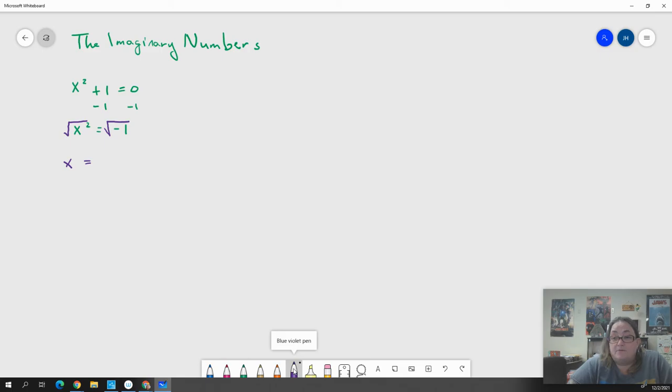Anybody know what the square root of negative 1 equals? It's a good guess, right? But the square root of something says that if I multiply something by itself, I'm going to get that number. What number can I multiply by itself to get negative 1?